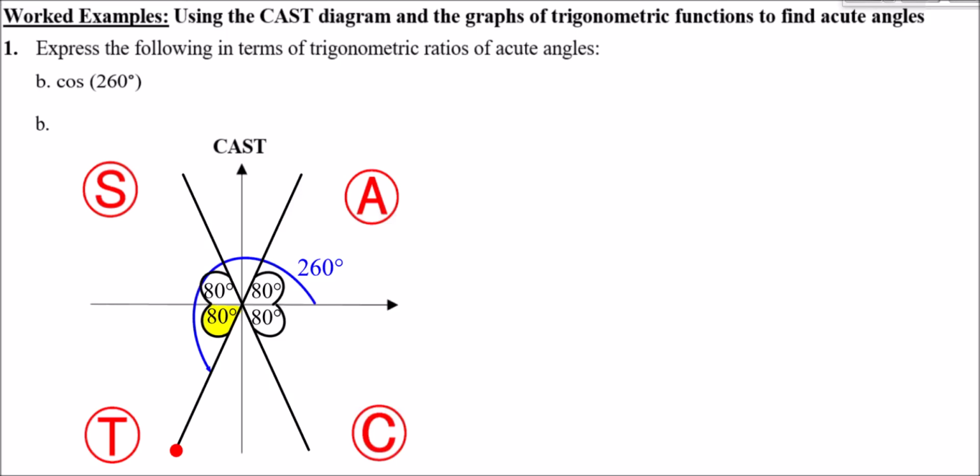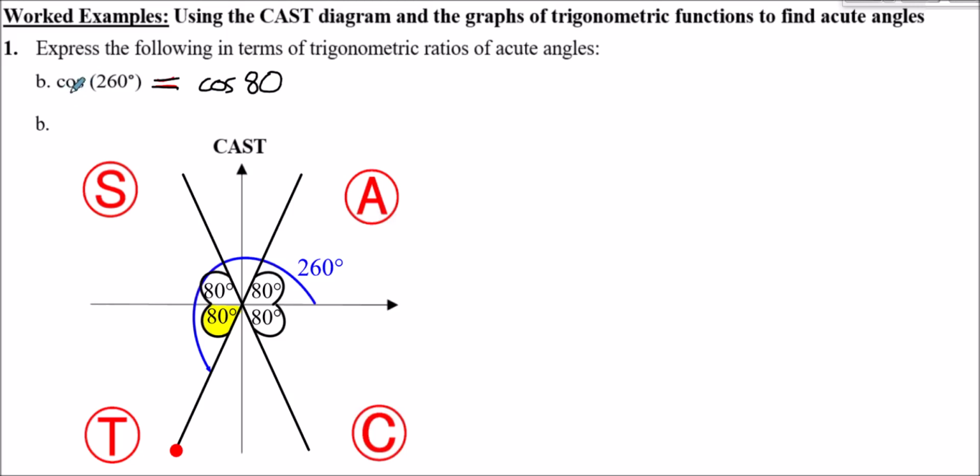So cos 260, because we've got this acute angle of 80 identified, this will link and relate to cos of 80 degrees. We know that for sure because the acute angle is 80 degrees. The only question now is if this is positive cos 80 or negative cos 80.